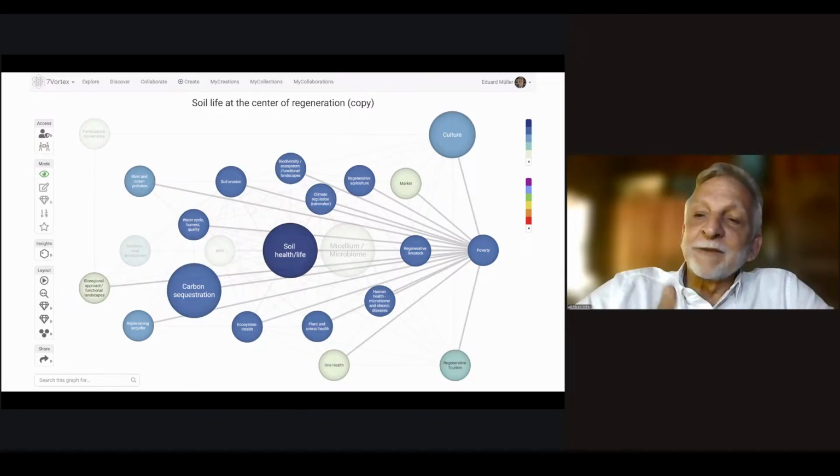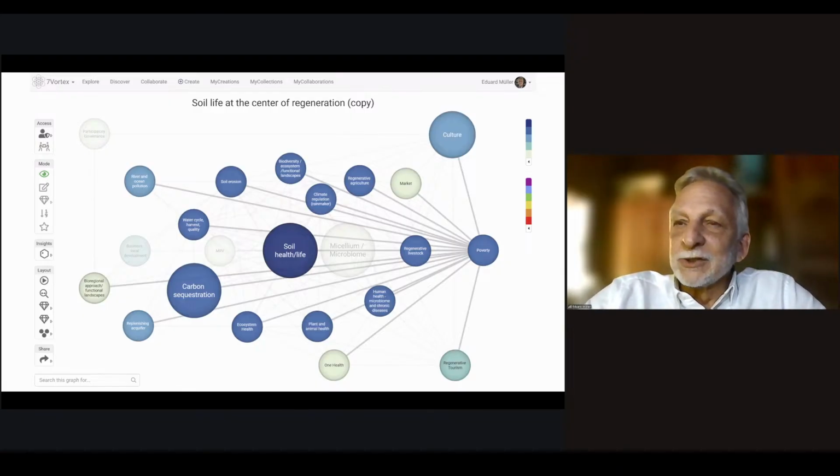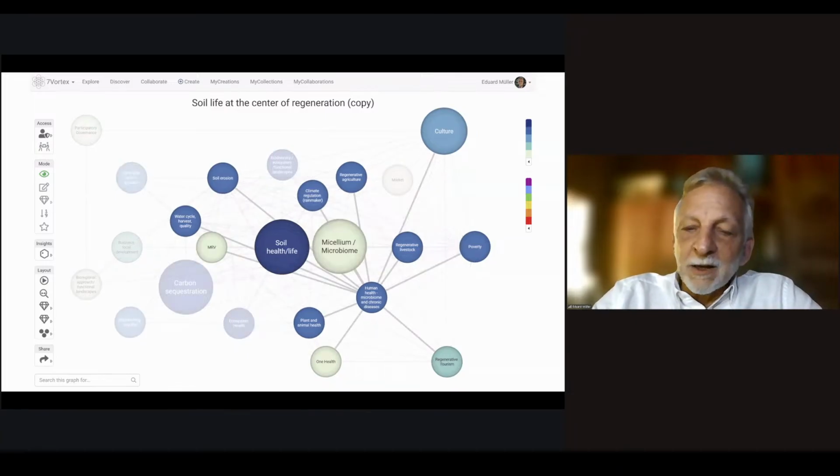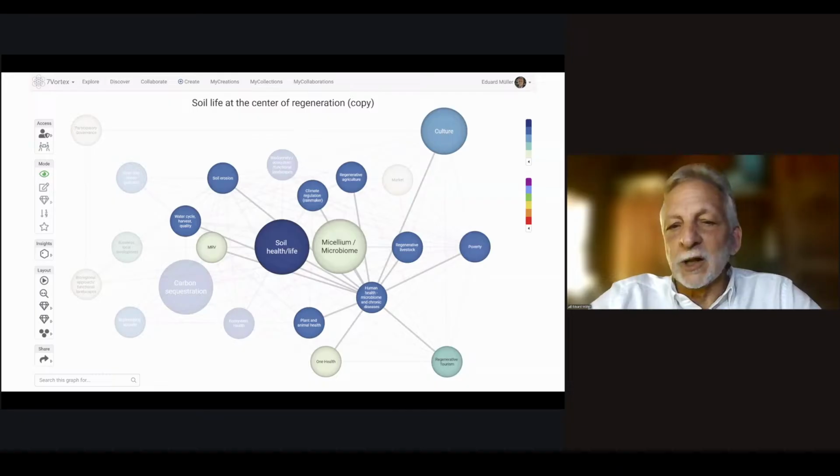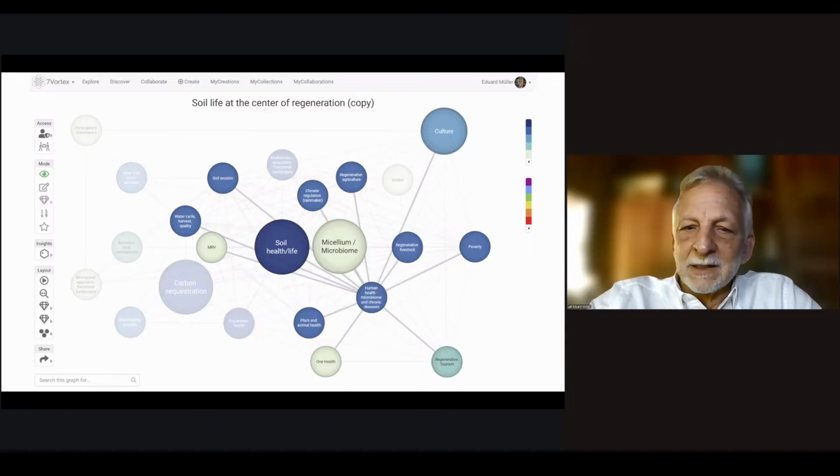So if we want to solve poverty, we don't manage to do it through the Ministry of Economics or through the Department of Economics of a university. We need to start working on a holistic approach. We need to understand that our human health is related to soil health, is related to the soil microbiome. That's how we cure human chronic diseases in the future, not with antibiotics and medicine.